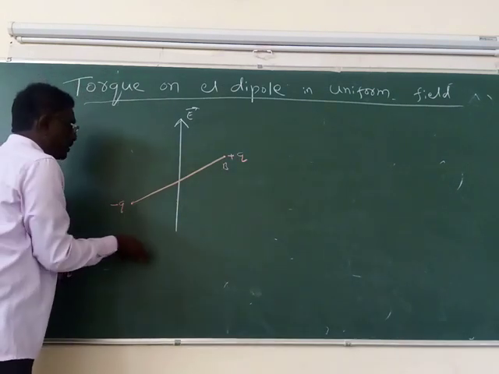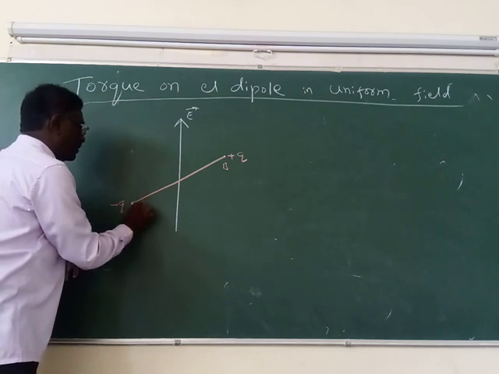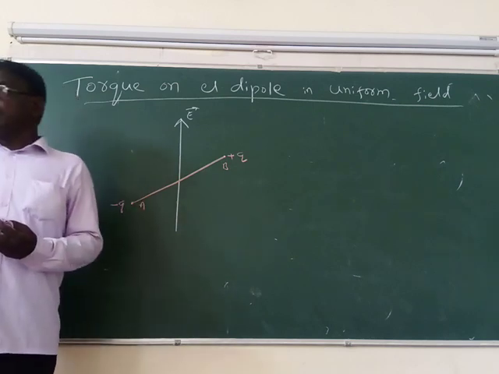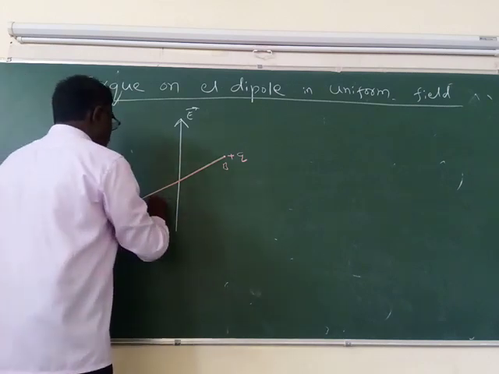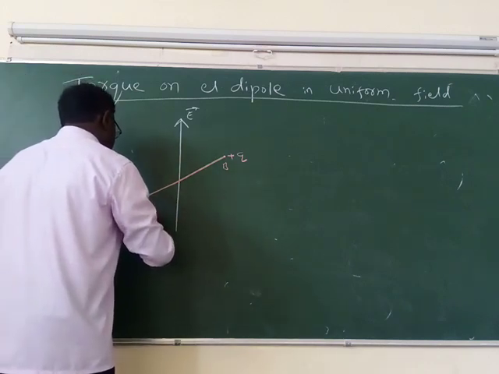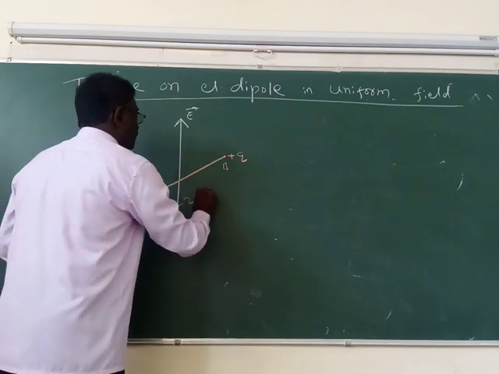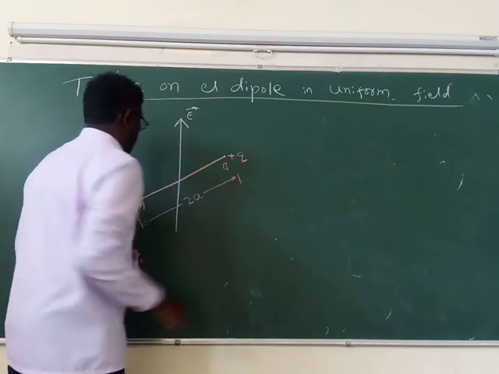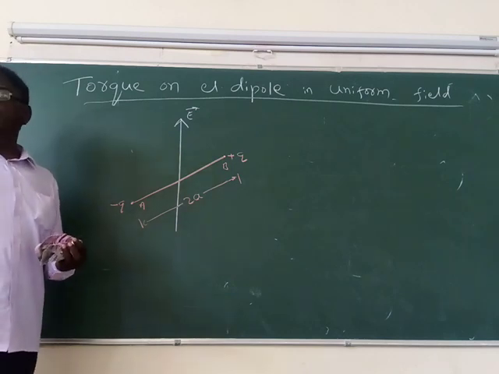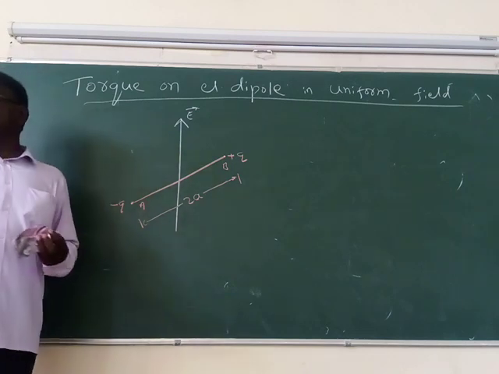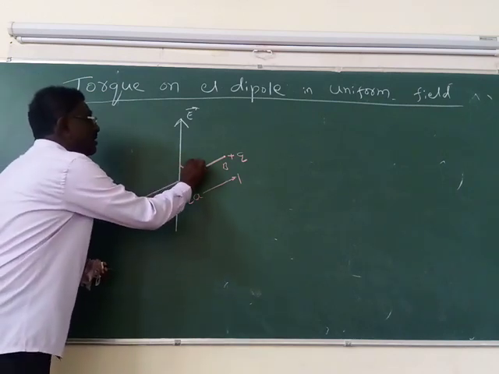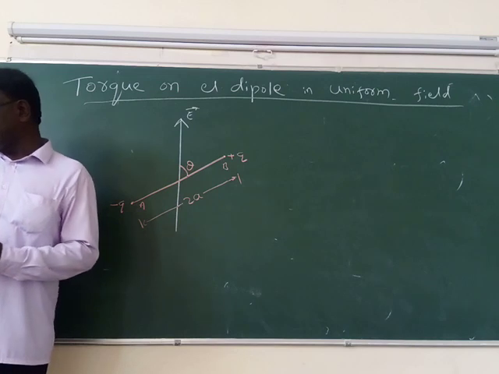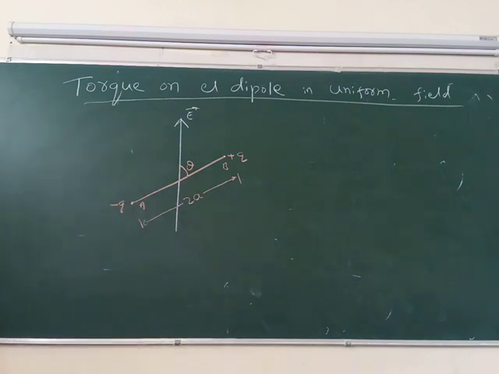AB is dipole length. The dipole axis AB makes angle theta with the electric field.